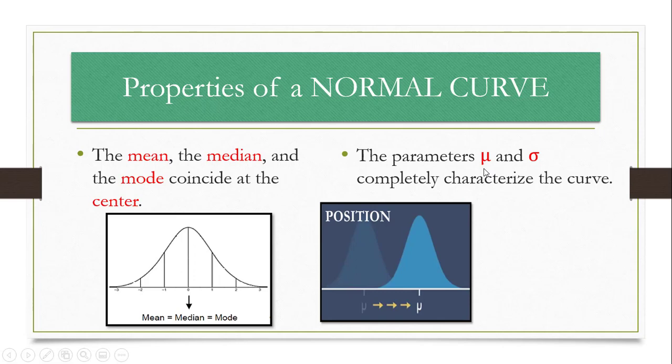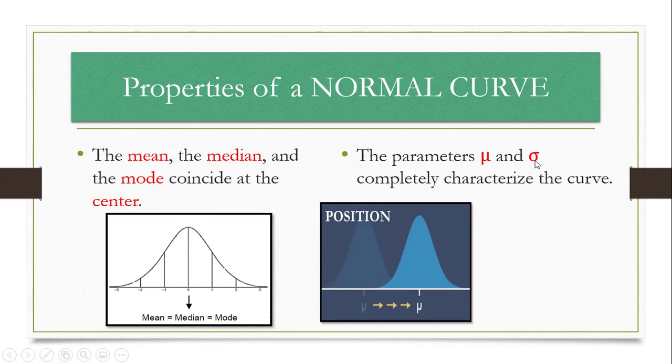The mean identifies the position of the curve. If we move it to the right, we increase the mean, and if we decrease the mean, it moves to the left. So it is responsible for the movement of the curve from left to right. That is how the mean characterizes the curve.